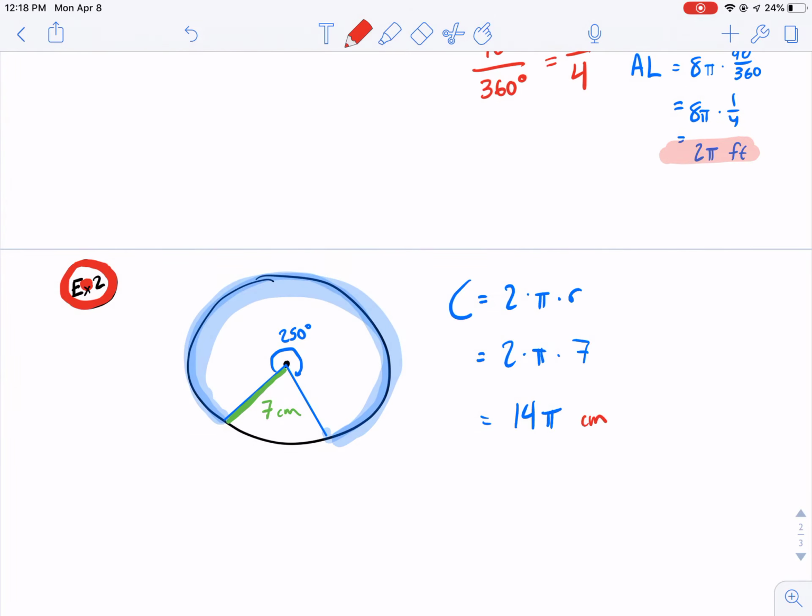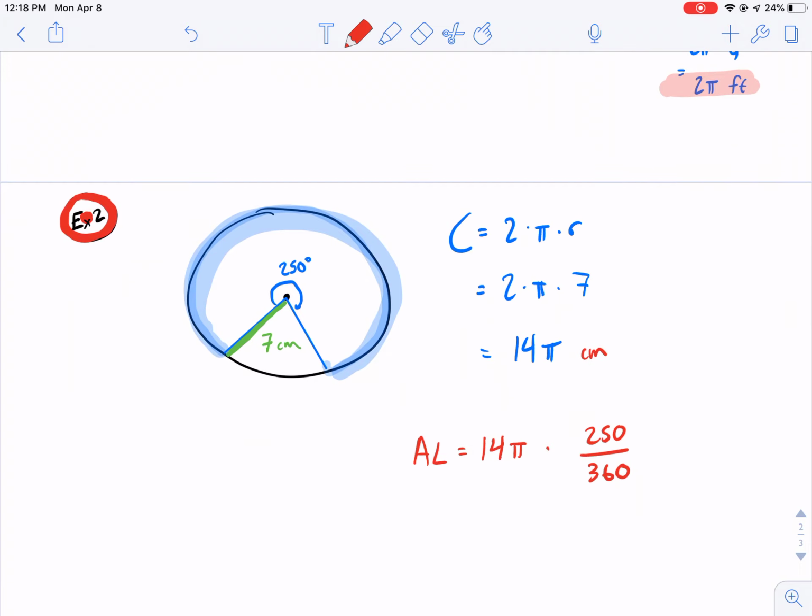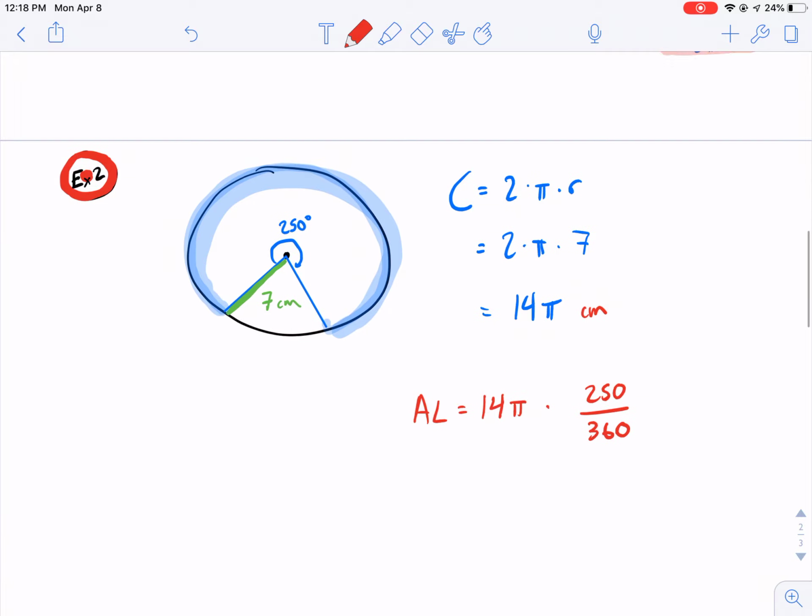Now, what portion are we looking for? We're not looking for the whole circumference, the whole portion of the circle. We're only looking for 250 degrees out of 360. So our arc length is going to be equal to 14 pi times 250 over 360. I can reduce this.